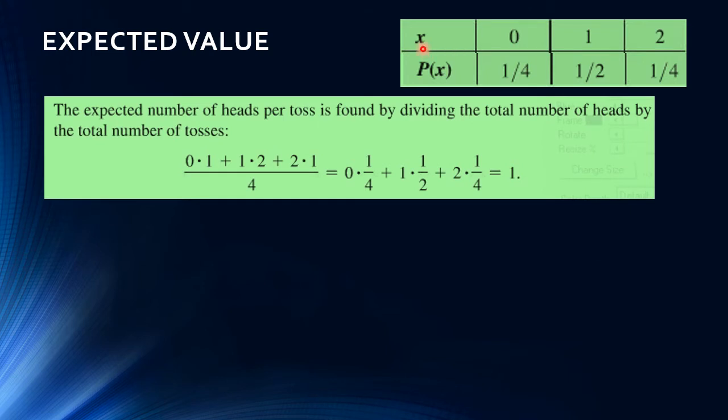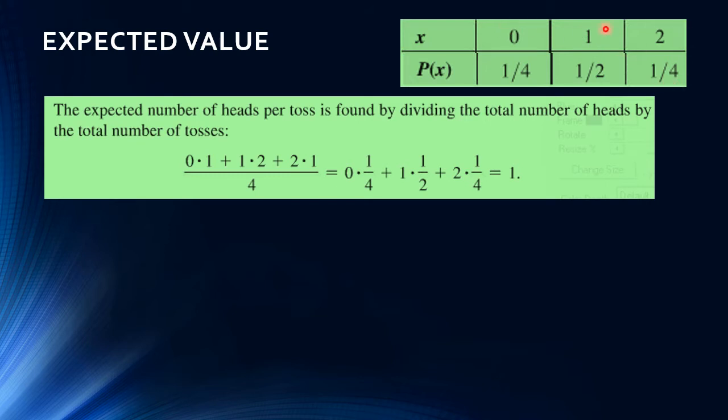Remember that our probability distribution for tossing 2 coins and calculating the probability of the number of heads is up here in the right corner. The expected number of heads per toss is 0 times 1/4 plus 1 times 1/2 plus 2 times 1/4.